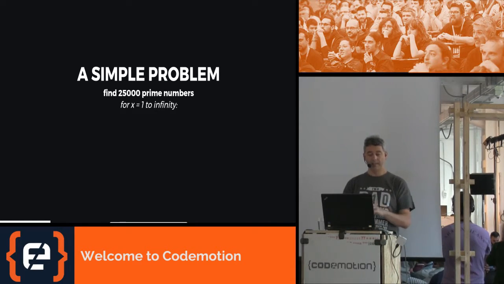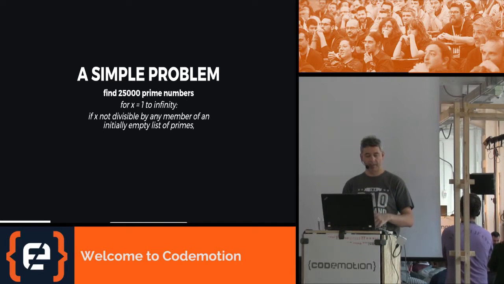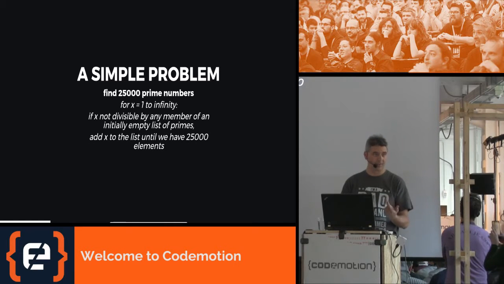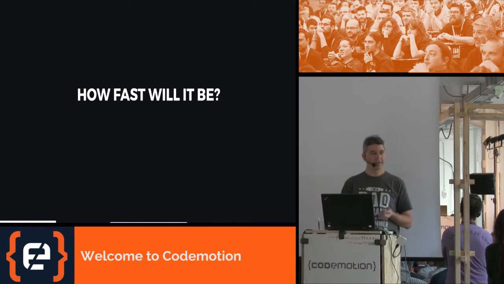So the algorithm is something like, for x that goes from 1 to, well, infinity, if x is not divisible by any member of an initial empty list of primes, then it is prime. So you add it there, and you go on until this list is 25,000 long. Then you know that you have found the answer. So that's it. And the question is, how fast will this be?